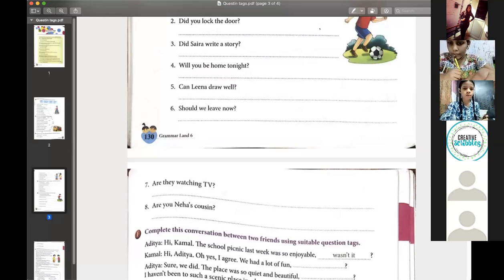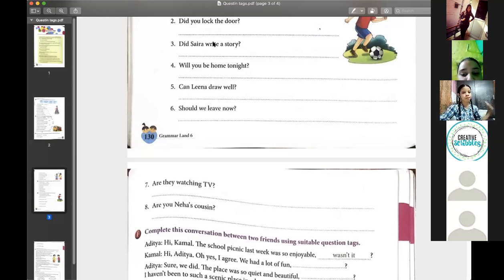Ma'am, I didn't understand the last question. The last question says that a question is given. You have to change it into a statement and follow it with a question tag. Like if you see, did Saira write a story? Okay, this is a question. When we have did in a question, our answer is always in the past tense.